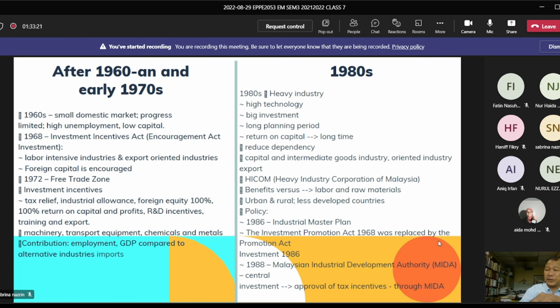And with that, 1986 signaled the change from inward looking, which is import substitution, to export promotion policy.